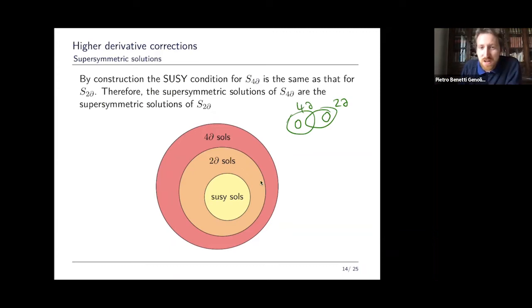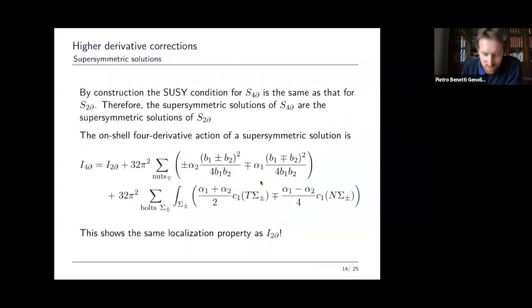However, this is crucial because in this case, I can literally do the proof that I've not showed you, but that exists for the 2-derivative equations of motion, and I can go through the steps. And what I find is that the 4-derivative on-shell action also localizes, in the sense that I can write the 4-derivative action as the sum of the 2-derivative on-shell action plus contributions from the nuts and contributions from the bolts, where alpha 1 and alpha 2 are the coefficients that were introduced earlier.